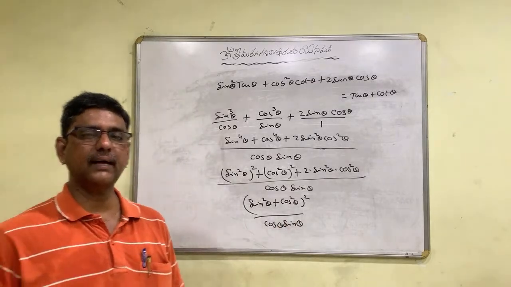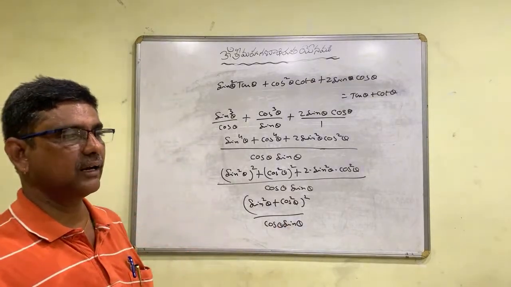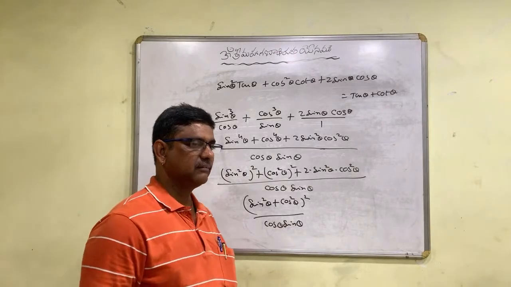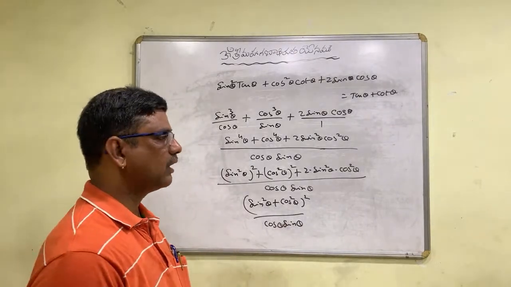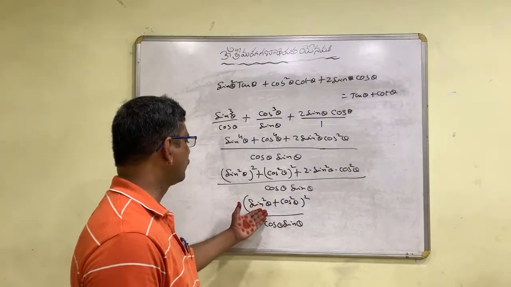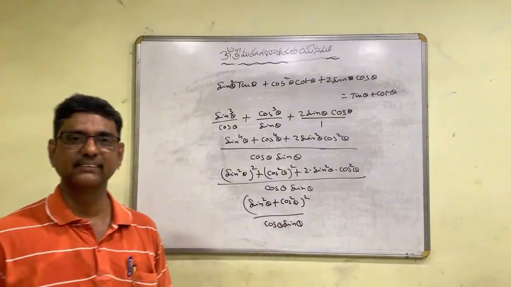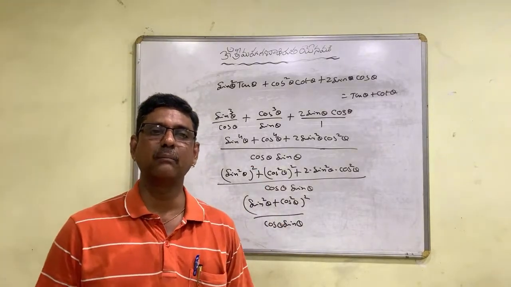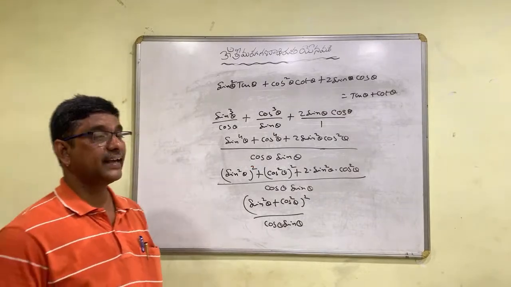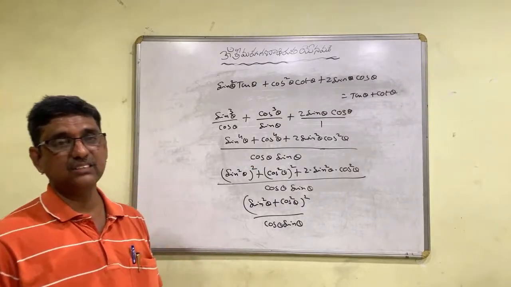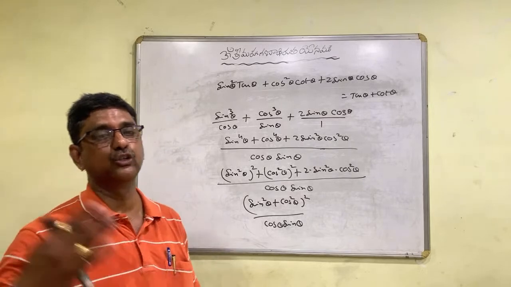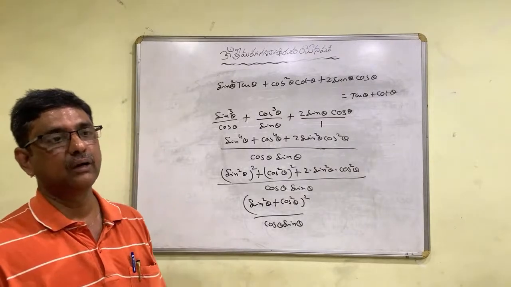After this step, children, many of you will immediately put 1 over here in the numerator. Numerator లో 1 పెట్టేస్తారు. 1 పెట్టేస్తే ఆన్సర్ రావడానికి కొంత సమయం ఎక్కువ తీసుకుంటుంది. It will take more time to get the answer.